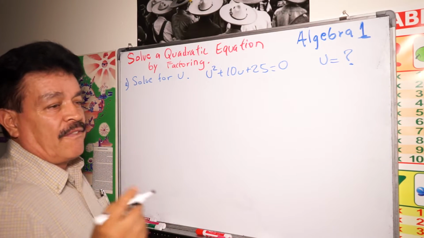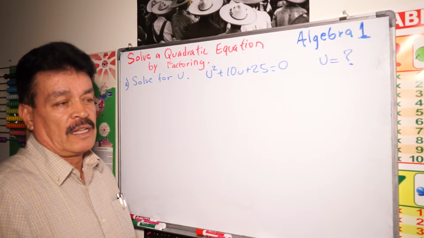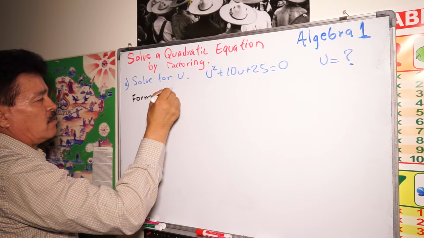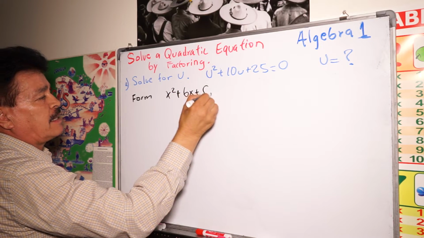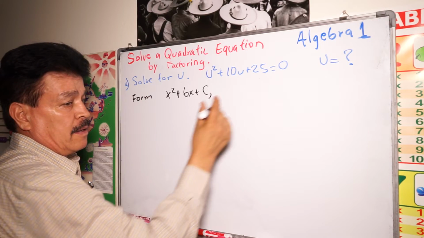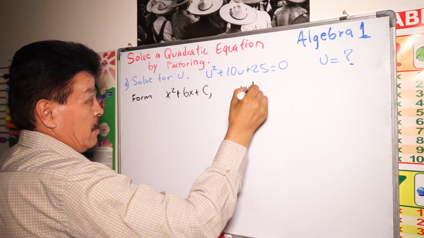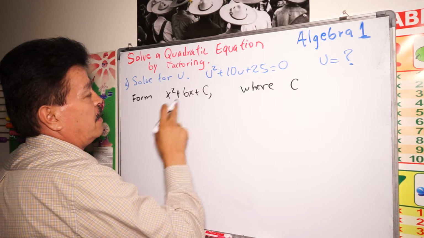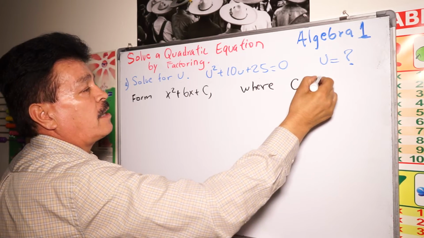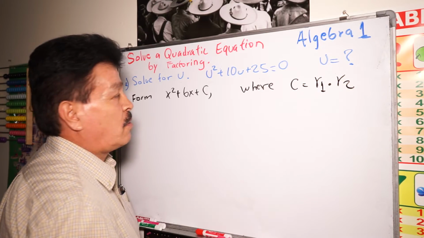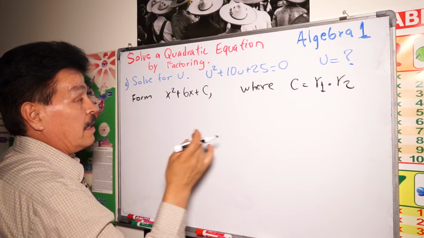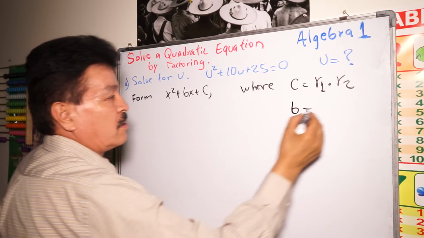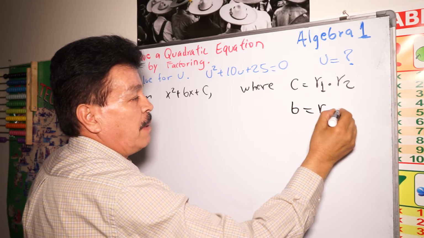First, to factor a quadratic of the form x squared plus bx plus c, where c equals r1 times r2, and b equals r1 plus r2.